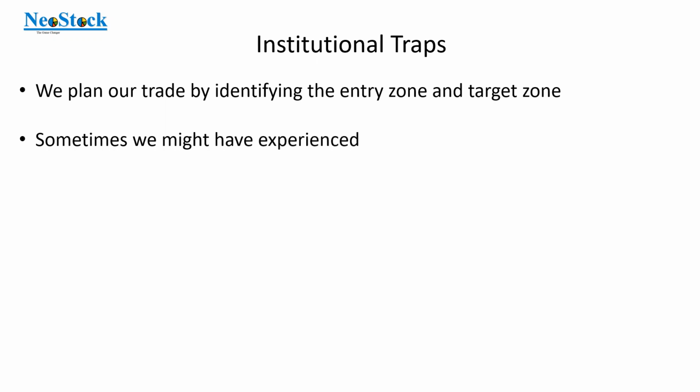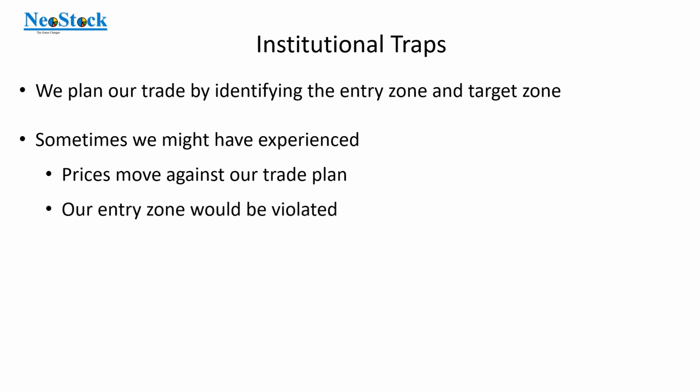So after planning the trade, what will happen? Sometimes we might experience prices move against our trade plan. You are expecting the zone will work, it will give you good profit, but unfortunately, the prices will be moving against your plan.